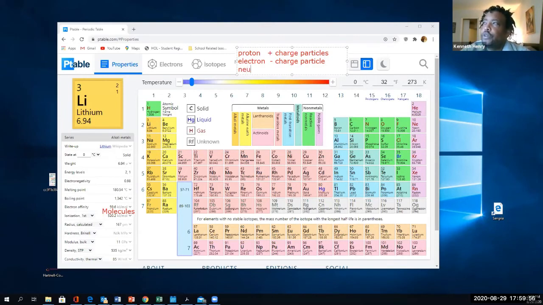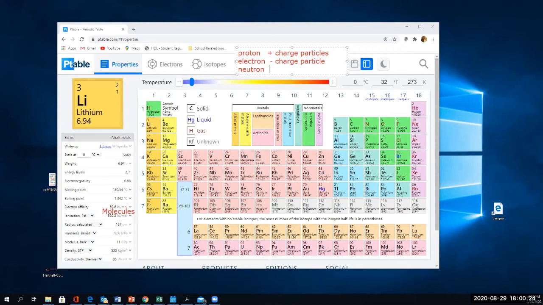So what do you guys think the neutron is? If a proton is positively charged and an electron is negatively charged, what do you think a neutron is? Neutral. Neutral.